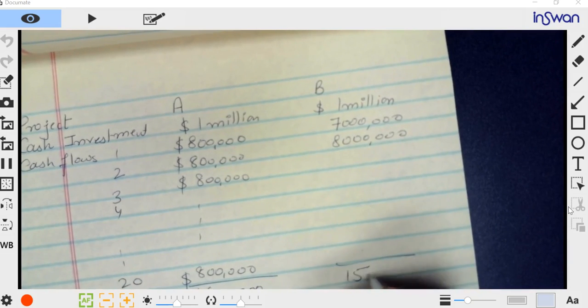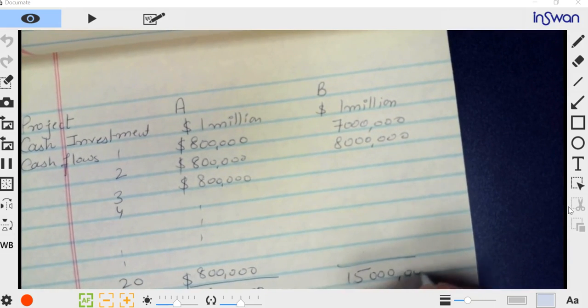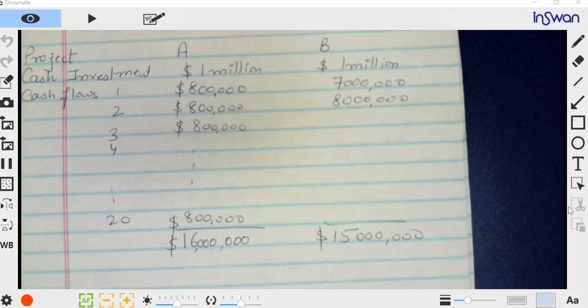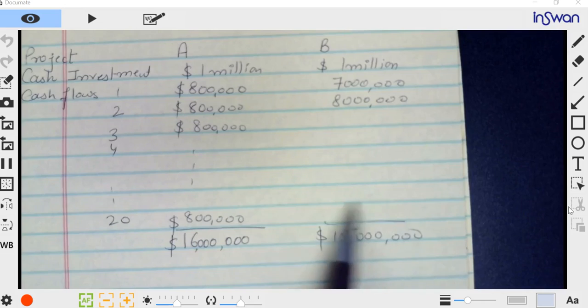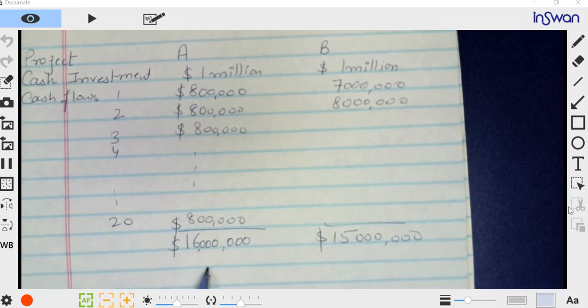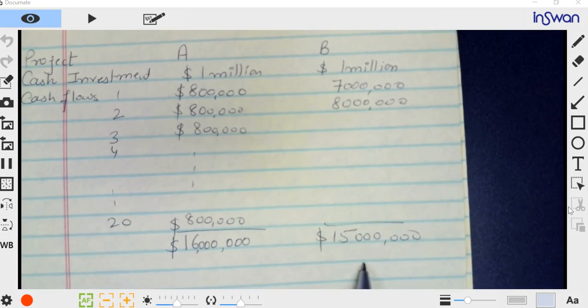So it is $15 million of cash inflow. Now these are the two projects in front of us. They are not directly comparable. You cannot say, okay, this project is giving us $15 million versus this project is giving us $16 million, so this one is better.